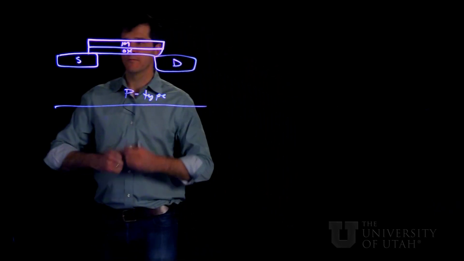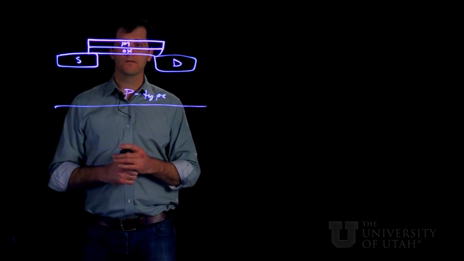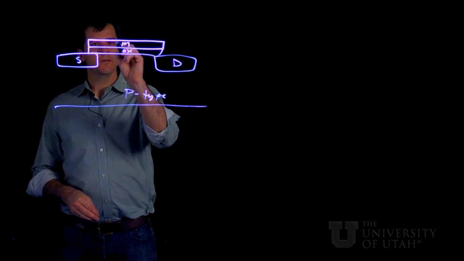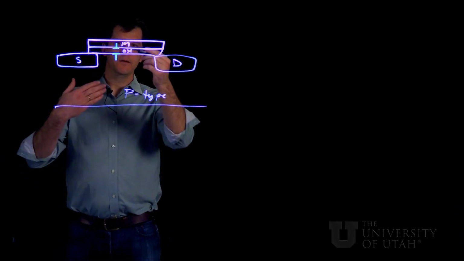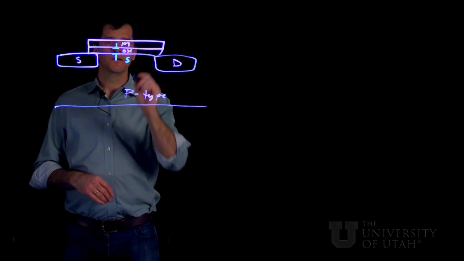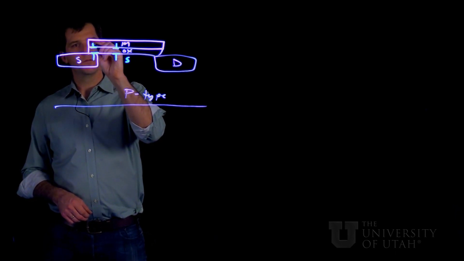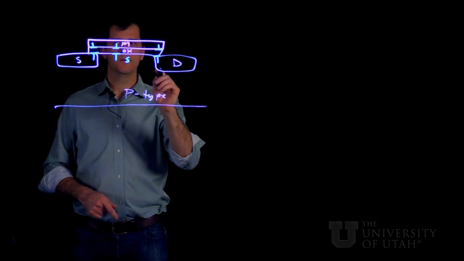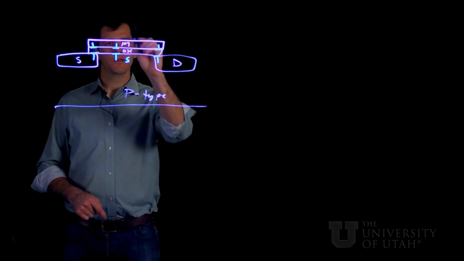So we can start to think about the different types of circuit elements that this structure represents. Clearly there's going to be a capacitor representing the metal oxide semiconductor structure, but there's also some so-called parasitic capacitances between the source and the drain, the source and the drain and the gate metal.